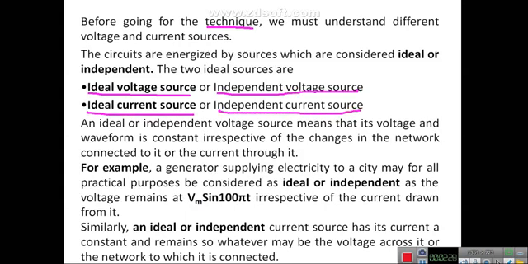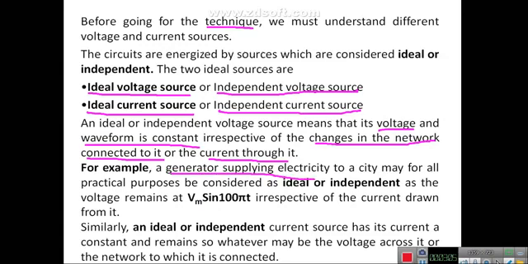So what is an ideal voltage source or independent voltage source? An ideal or independent voltage source means that its voltage and waveform are constant irrespective of changes in the network connected to it or current through it. So that is the definition of an ideal voltage source. An example for an ideal voltage source is a generator supplying electricity to a city.